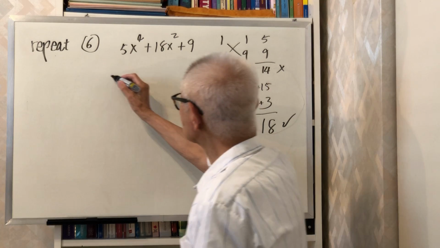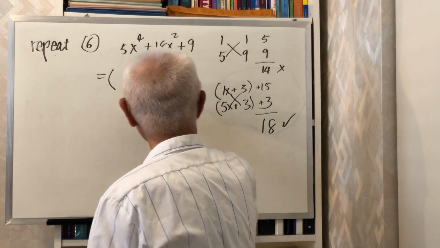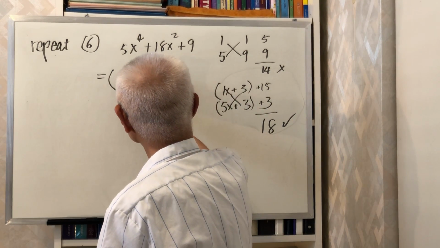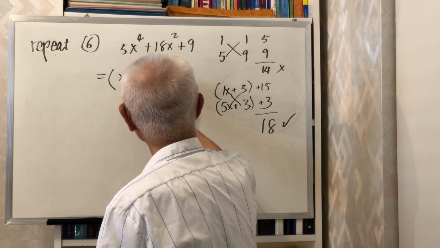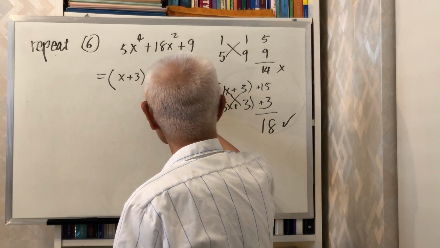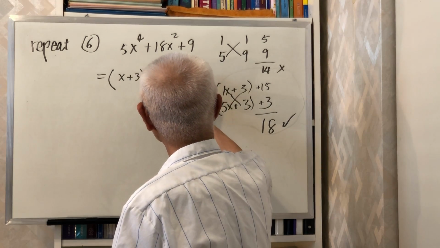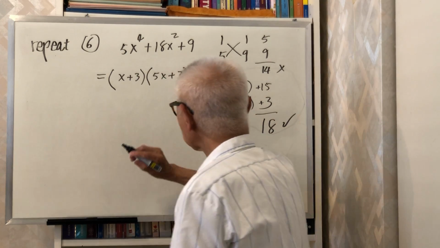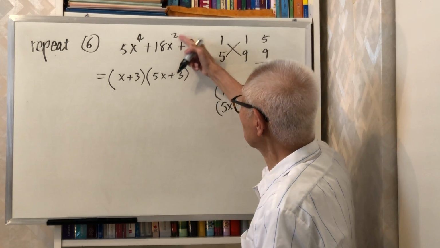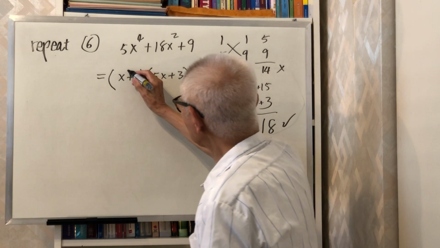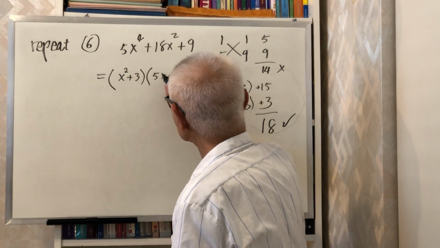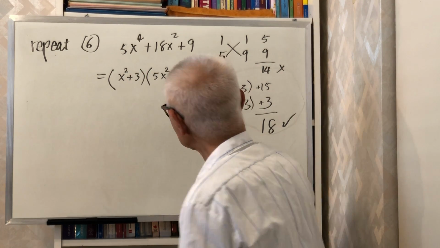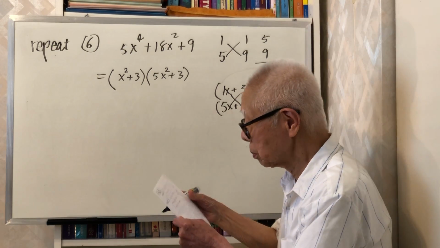I have the answer. x plus 3, 5x plus 3. Okay, I forgot that this is x squared and x to the power 4, so I need square here and a square here. That's it. That's my answer.